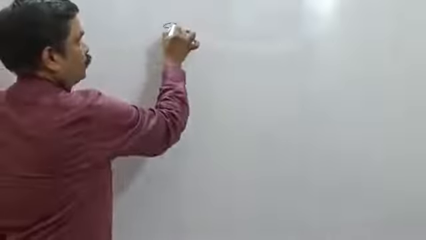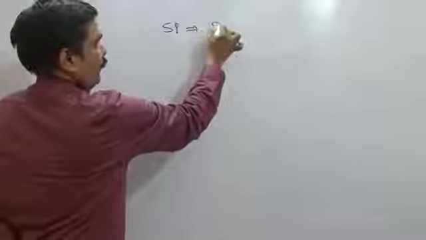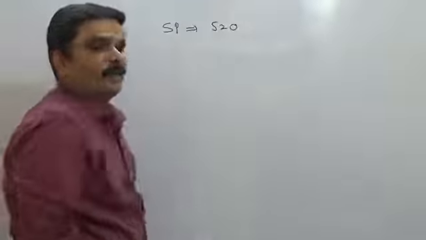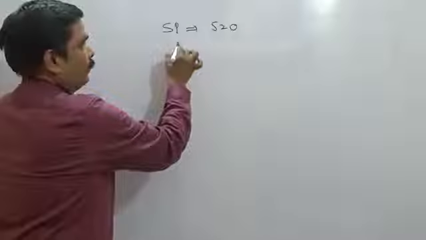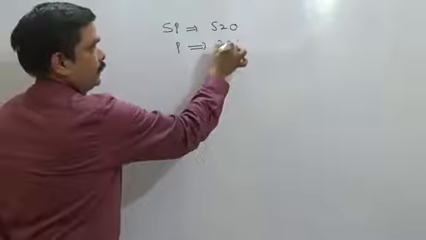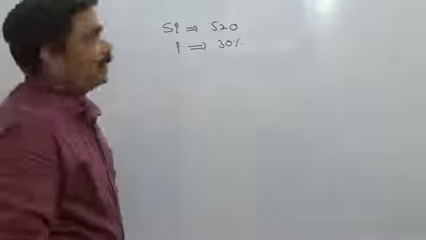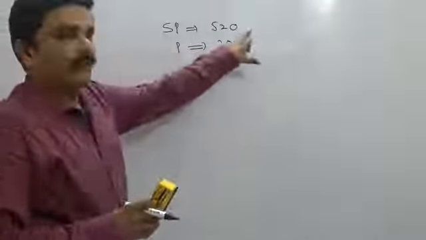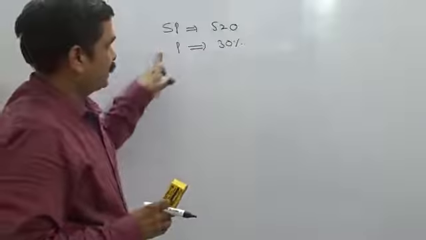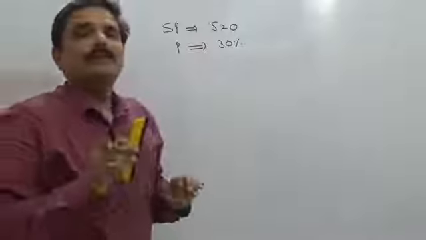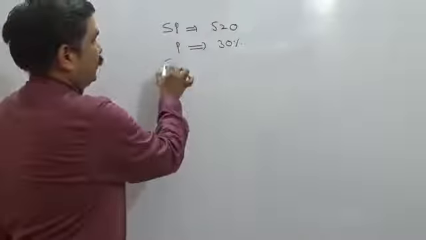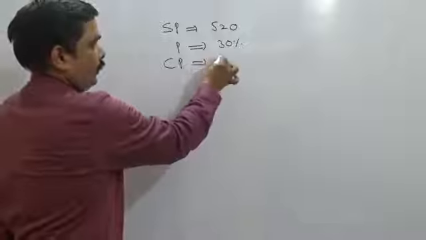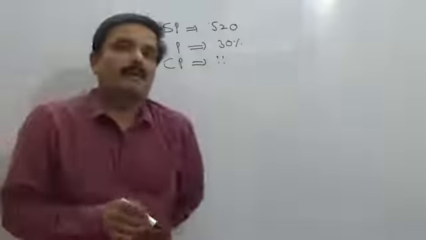A trader sold a product for 520 rupees, and in this transaction he got a profit of 30%, let us say. Then what would have been the cost price of the product is the question.